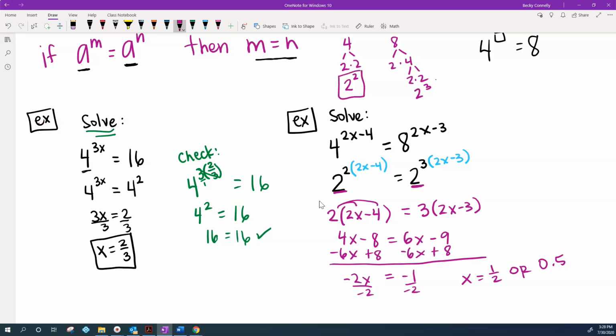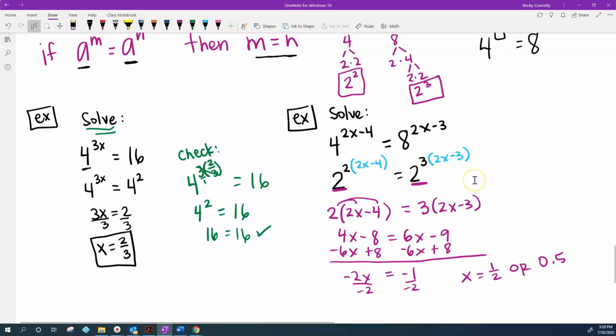You can always do that, because when those numbers get bigger or trickier, a factor tree is going to help you figure out what you need to have. Okay, yeah, that's helpful, because that one was easy, but I don't know all of them. Exactly. So try doing those factor trees, because that can get tricky with bigger numbers.